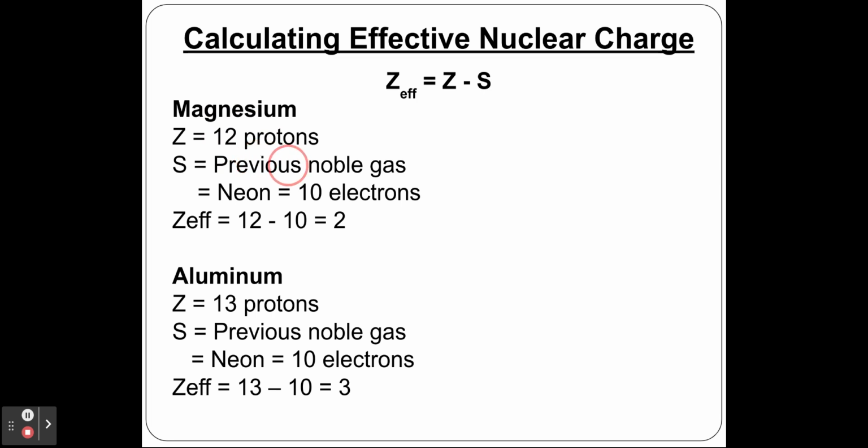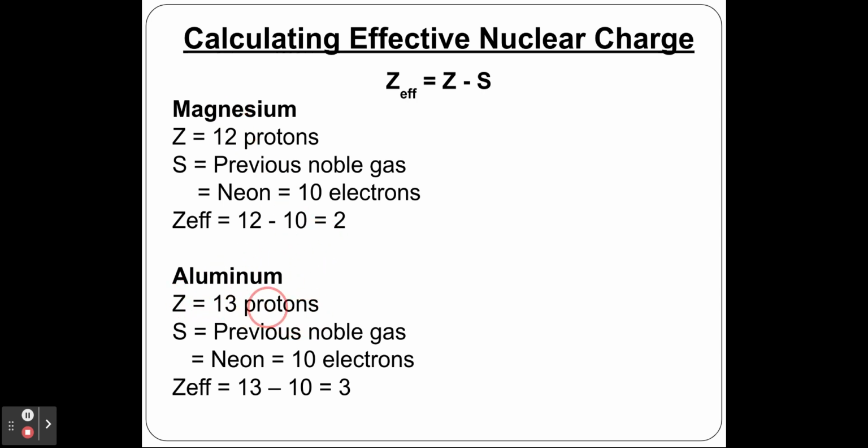We have two inner shells, two energy shells. The first one has 2 electrons. The second one has 8. So that's going to be a total of 10 inner core electrons. So then 12 minus 10 is 2. So 2 is the effective nuclear charge felt by the valence electrons in magnesium.